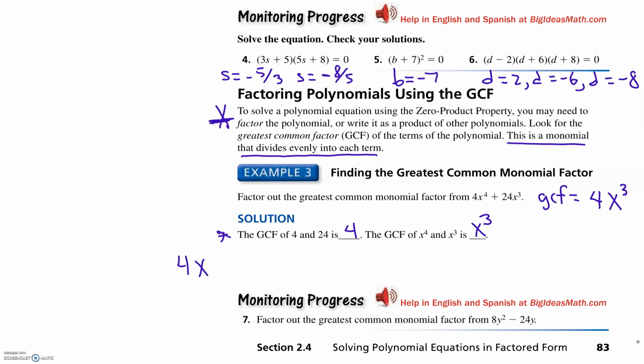So to factor out the GCF, we're going to take each term of this polynomial, 4x to the 4th plus 24x to the 3rd. We're going to take the greatest common factor. It becomes one of the factors of our factored form, and we're dividing out that GCF from each term of our polynomial.